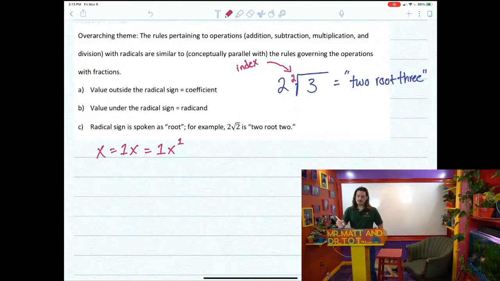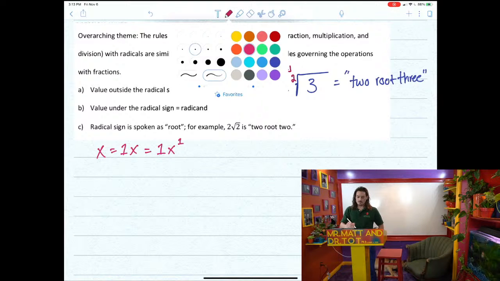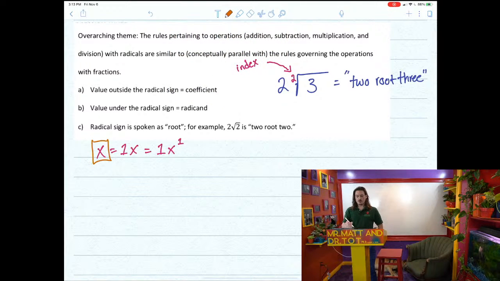So in mathematics, when we write x, we really know that all of these other characteristics are implied. It's the same thing with that index value of 2. Wherever you don't see the index value, you're going to assume that it's the square root. So if there is no little number on that radical sign, then you know it's implicitly 2.